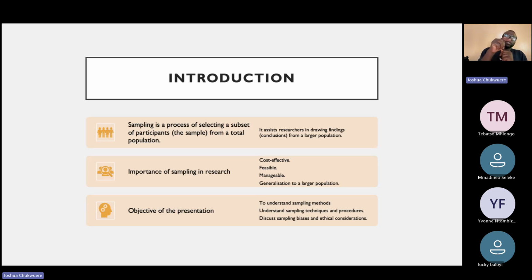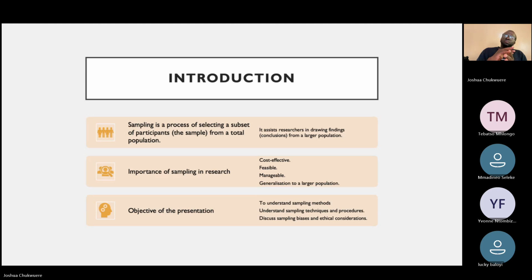Matlam also made mention that you cannot make generalization from that subset. Thank you for that. That is what research sampling is all about. Now, it assists a researcher in drawing a conclusion, in drawing findings, in drawing insight from a larger population.